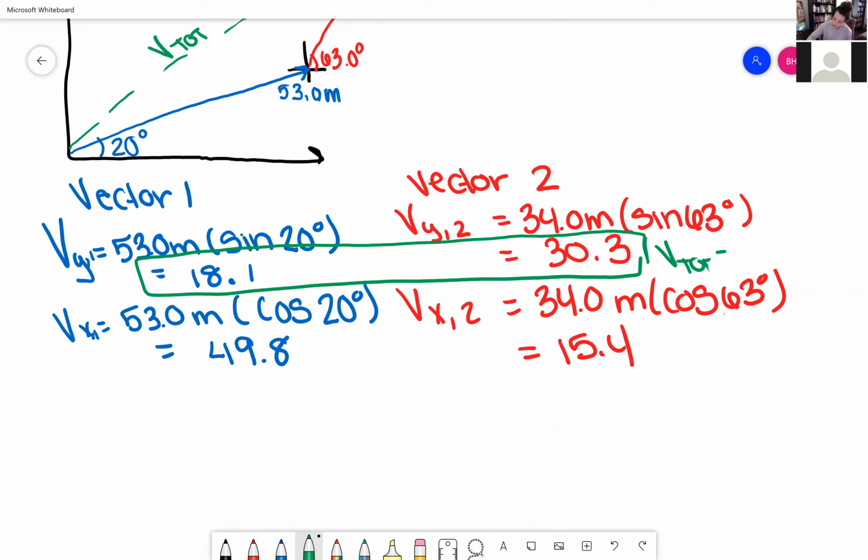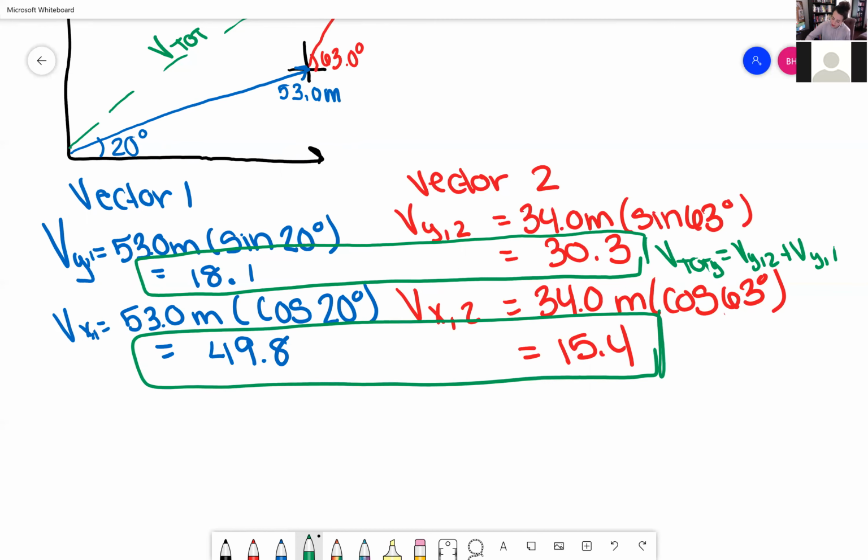I just really want to confuse you guys, I think. I really want to make this as hard as I can for you guys, so that's why I'm doing it this way. Okay, and then vy2 plus vy1. Then we're going to add these two together, and this is going to be v total x. This is going to be vx2 plus vx1.